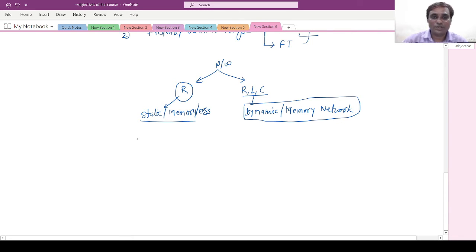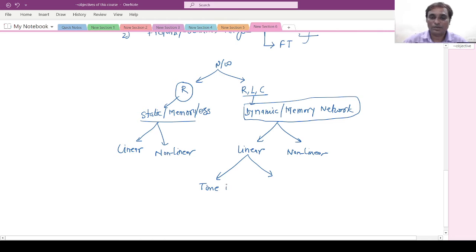For that I have to check whether the network is linear or non-linear. Then, once I decide that the network is linear, I again have to check whether the network is time invariant or time variant.